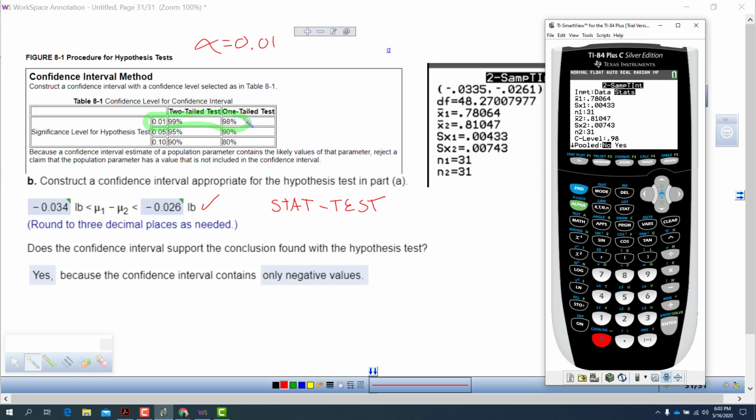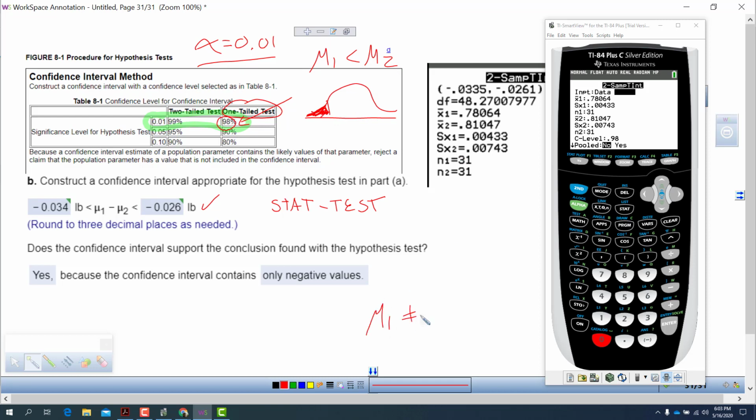The only thing you have to do differently is the confidence level. Since we have a significance level of 0.01, and this is a one-tail test, since mu1 is less than mu2, you actually have a left tail. When you have mu1 not equal to mu2, we have a two-tail test. But in this particular situation, we have a left tail.